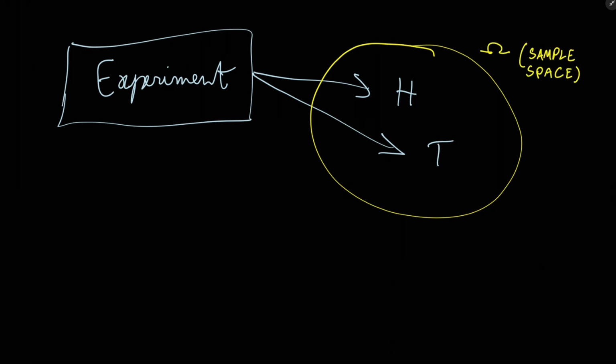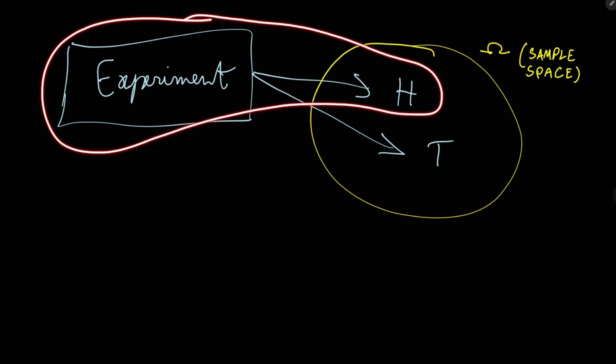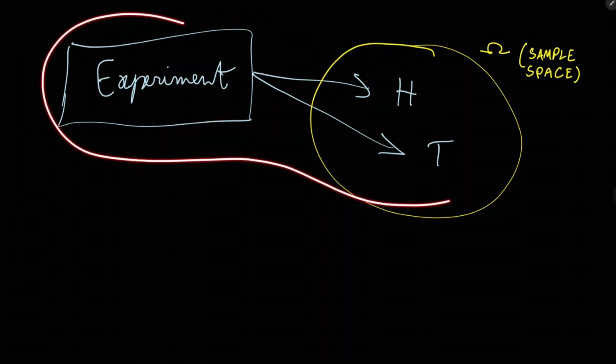Now, what is an event? And this is where I often see there is confusion. An event is a set of outcomes, and it is any subset of the sample space. So when you say that an event occurs, it just means that the single outcome of the experiment happens to fall inside that set. Remember, we are still talking about a single outcome for the experiment.